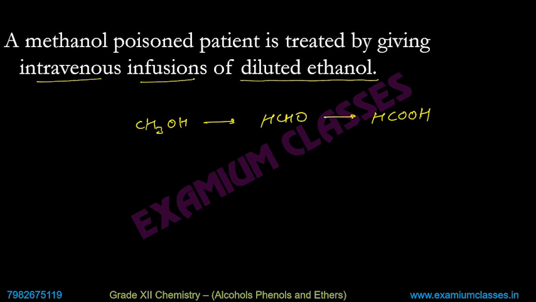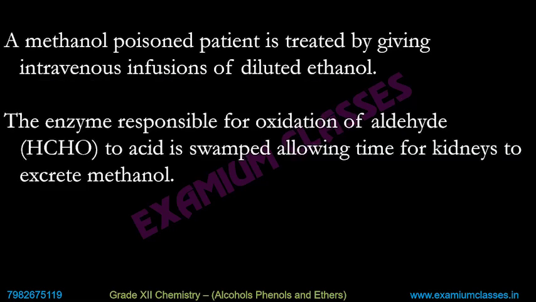So normally it is not possible to stop this reaction in the body. So what is done? Ethanol is introduced in the blood. What happens? The enzyme responsible for oxidation is swamped, allowing time.